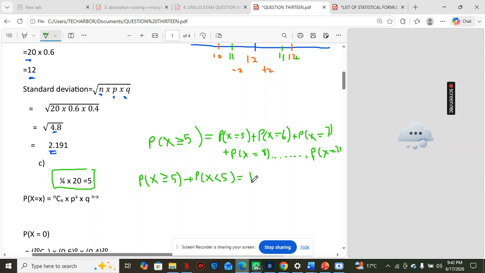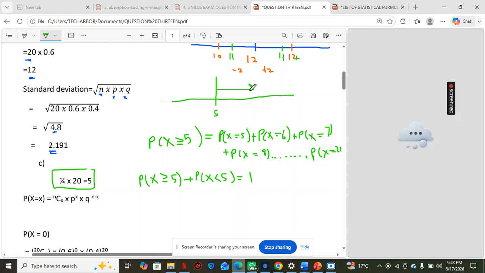Okay. Remember, we'll put this as a number line. Here, from 5 up to 20, is representing the probability that at least 5 students prefer working in the banking industry. Okay.